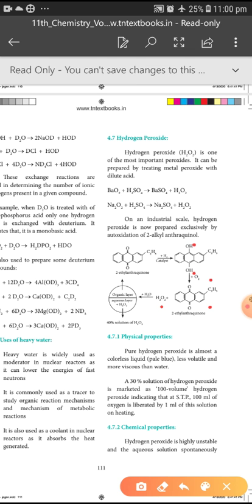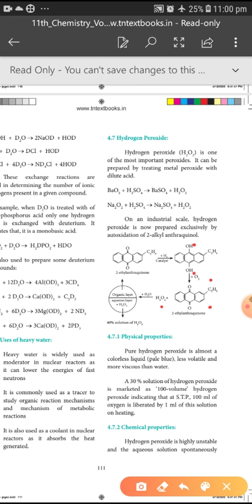At STP, standard temperature and pressure, 1 ml of the solution liberates 100 ml of oxygen on heating.